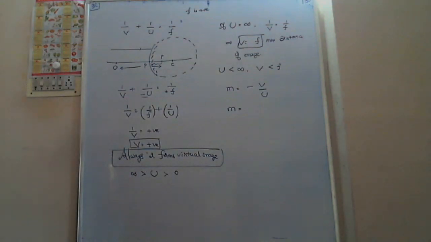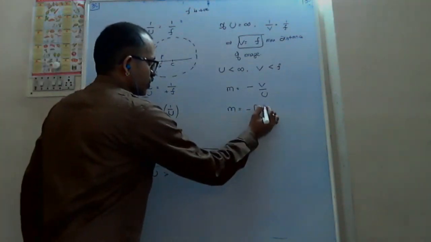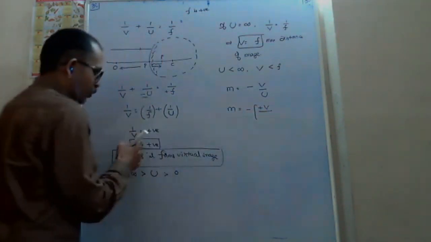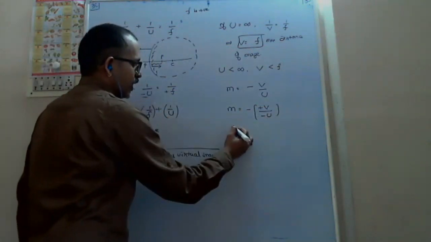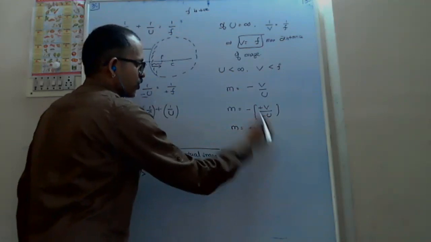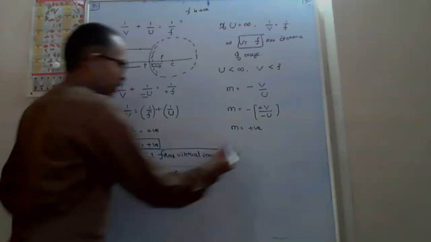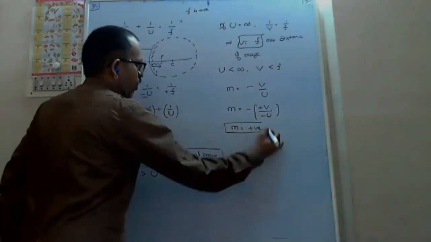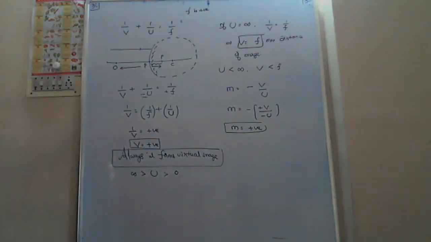So M equals minus, V is positive, U is negative, and I am getting some positive value. So the magnification of a convex mirror, while solving numericals, has no second term.